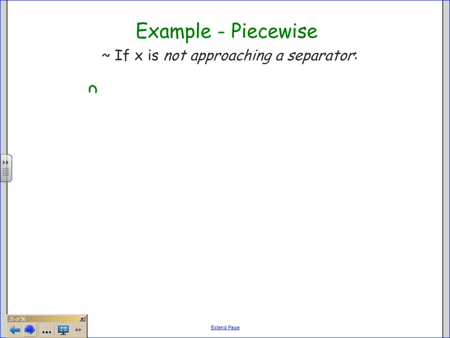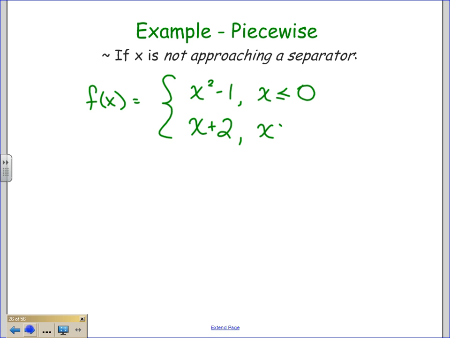What if I was to give you f of x is equal to, and the other piece of the function to be, okay. What is the separator of this piecewise function?